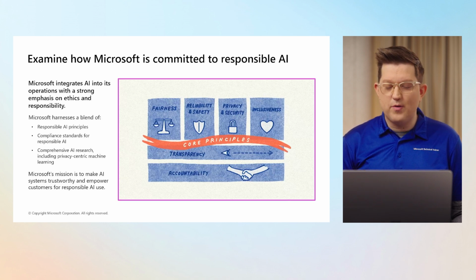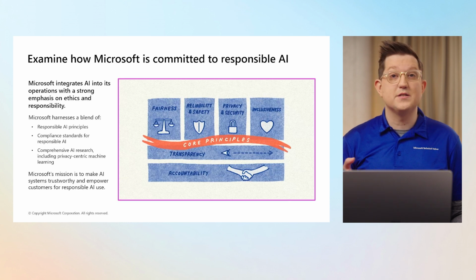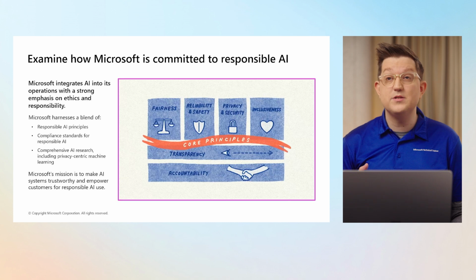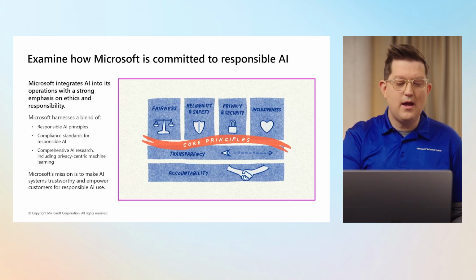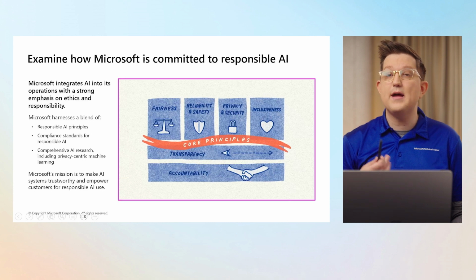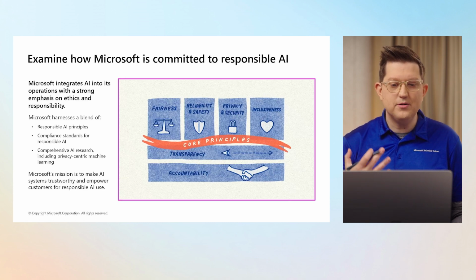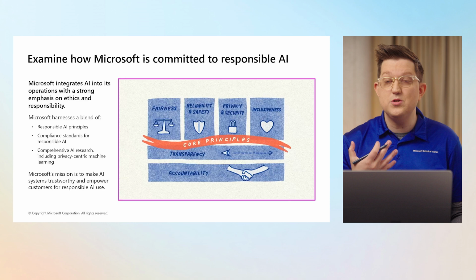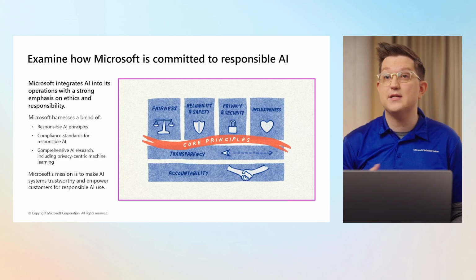Responsible AI principles and practices around compliance with various government organizations and government bodies, making sure that we are using this in a way that makes sense and ensuring that you have access to the tools in a safe manner. This is our core goal. The AI tools that we have should be trustworthy. That is a key component of it. And we want to make sure that you are able to feel that these tools are trustworthy, that you can use them in the way that you expect and you can trust their output.